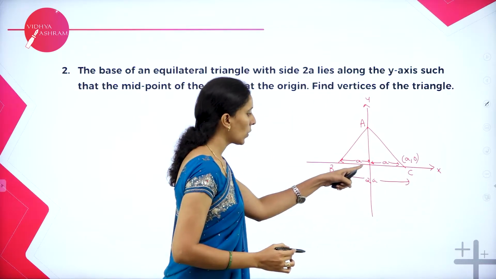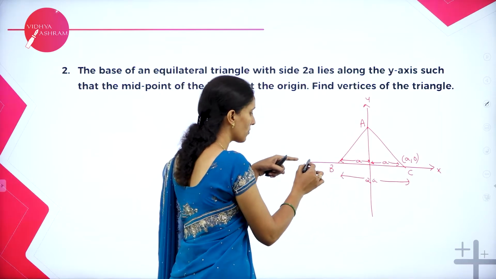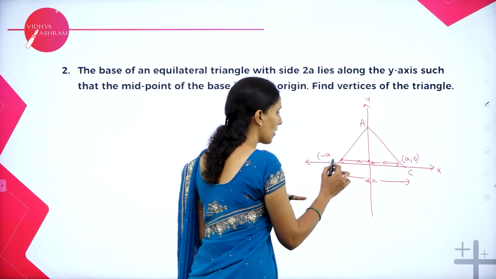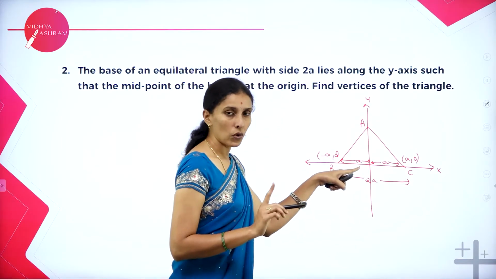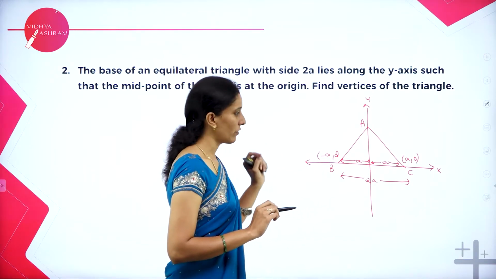And similarly, the coordinate of B on the x-axis, this distance is negative. So this is the negative x-axis. Therefore, the coordinate is minus A, 0. Distance is A only, but the coordinate is minus A because it lies on the negative x-axis.